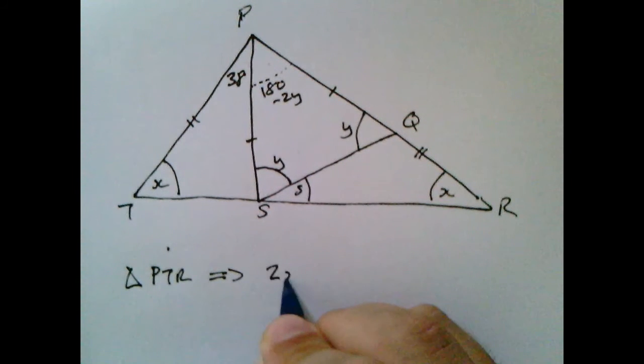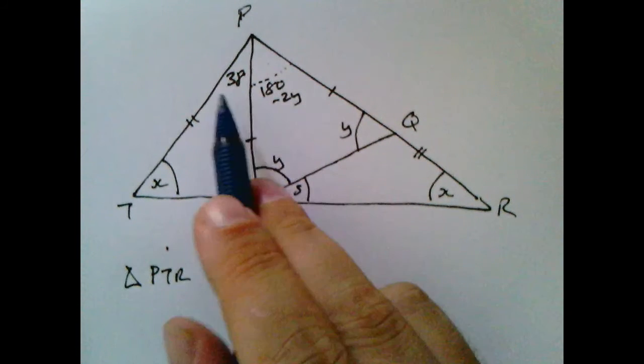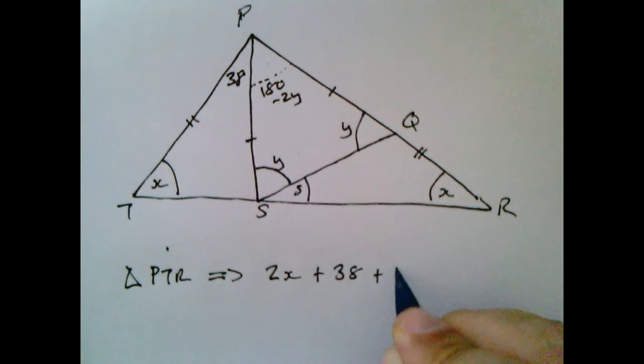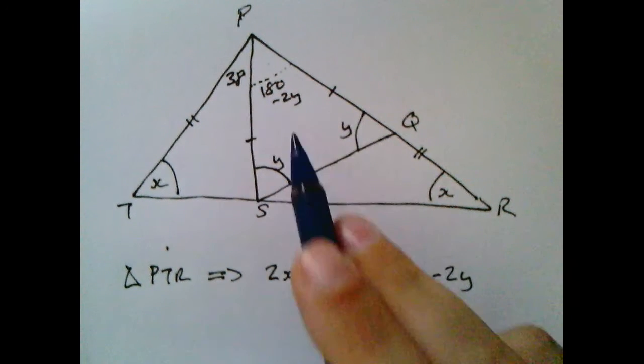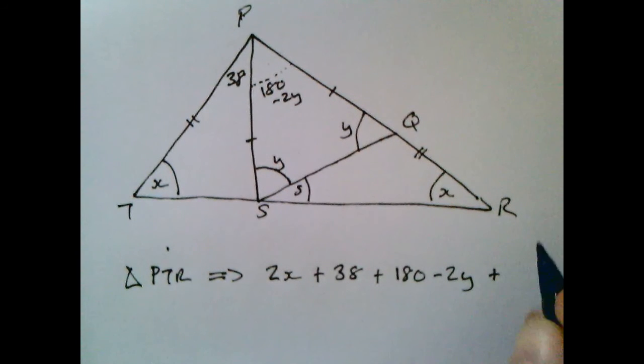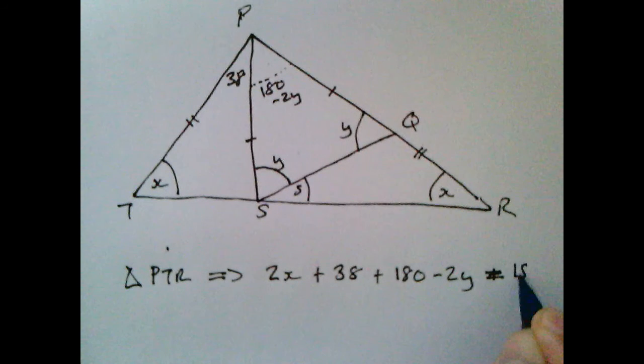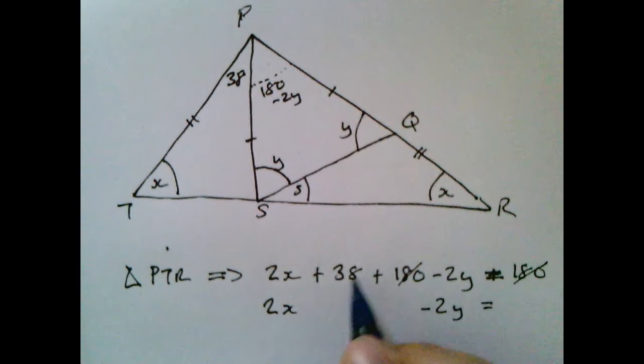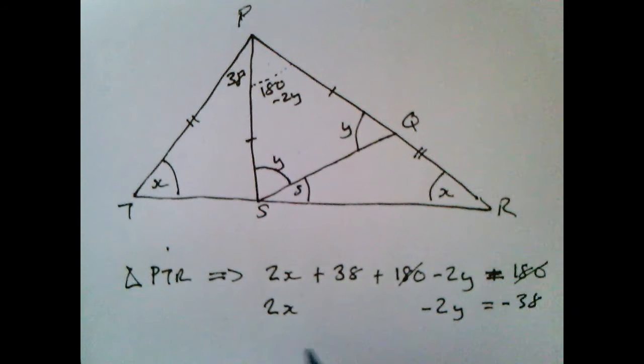So you've got 2x plus 38 plus 180 minus 2y equals 180. Okay, we can simplify that, those cancel out. So 2x minus 2y is minus 38. So x minus y is minus 19.